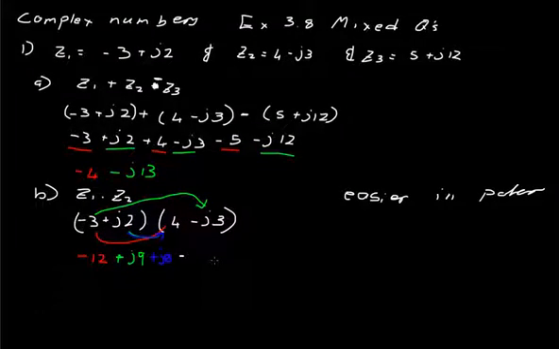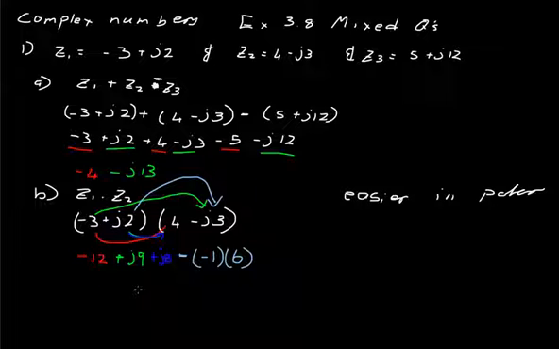Okay, so now we've got our lasts, which is j2 times minus j3. Positive times a negative is a negative. J times j is j squared, which is minus 1, times 2 times 3 is 6.